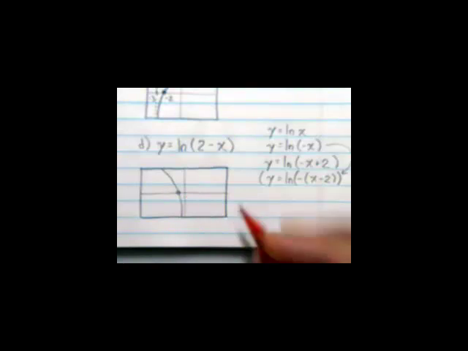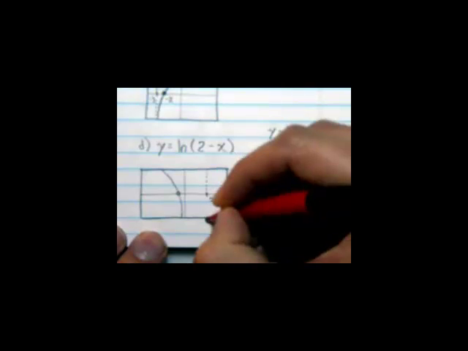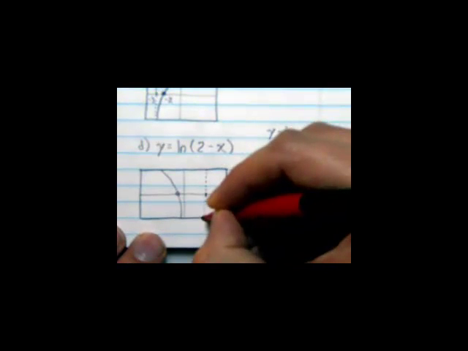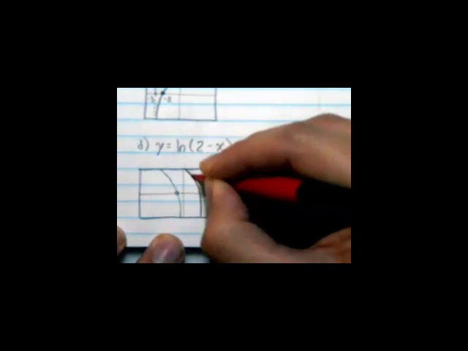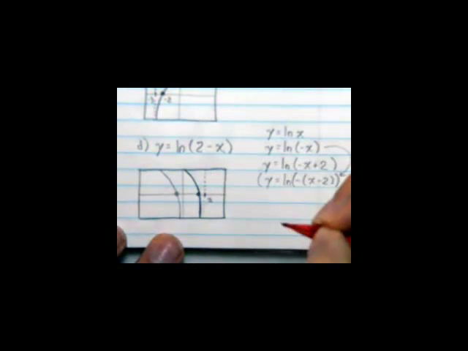But moving everything to the right 2 would put that asymptote at 2. And then it's coming up like this. And where would be that point then? At 1. So the graph should look like that. Okay, so not this one. That was just our little first step, but the solid one we got right there.